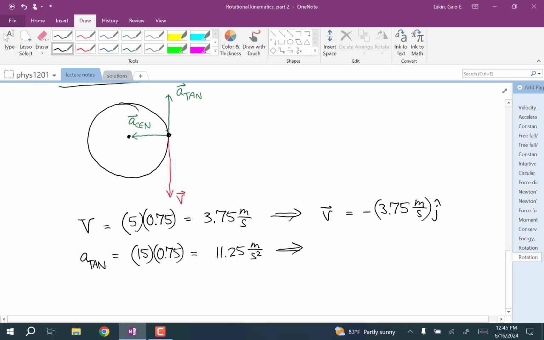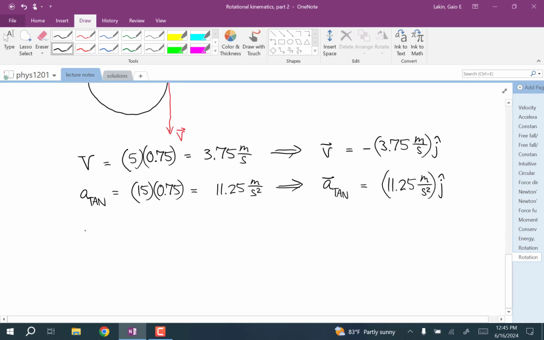We see from our drawing that we've already figured out that it's in the positive j direction, positive y direction. So the tangential acceleration is equal to 11.25 meters per second squared in the positive j.